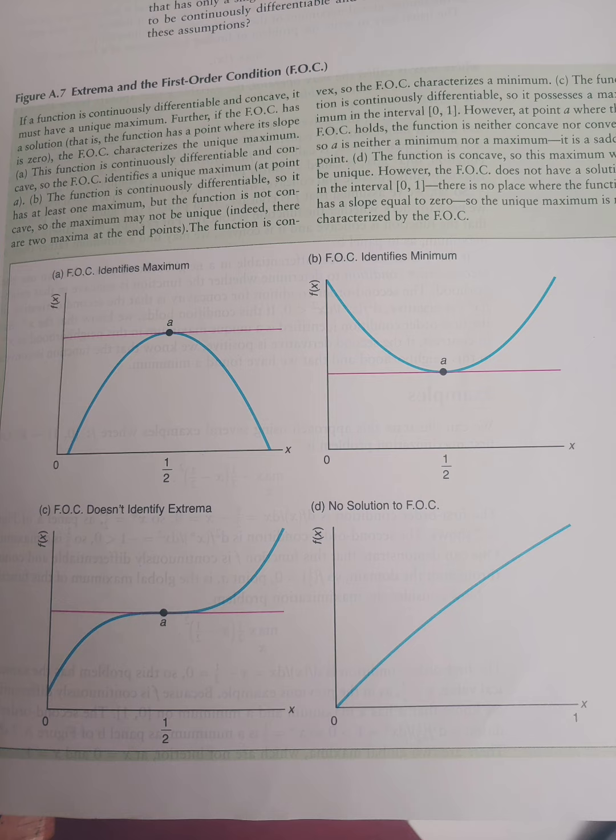In panel C, the function is continuously differentiable, so it possesses a maximum in the interval (0,1). However, at point A where the first order condition holds, the function is neither concave nor convex. So A is neither a minimum nor a maximum. It is a saddle point.